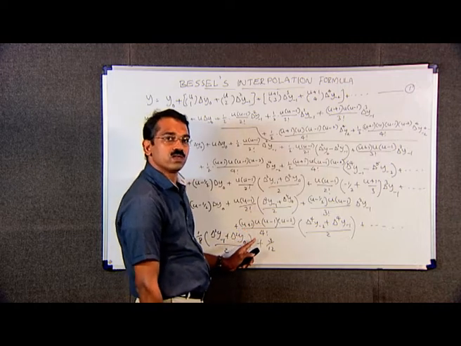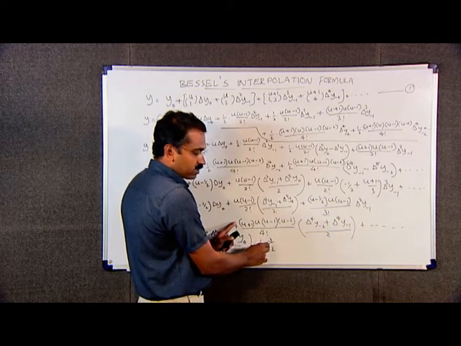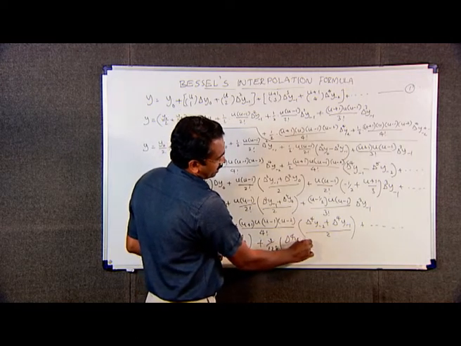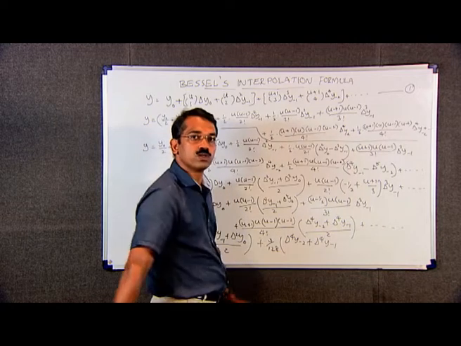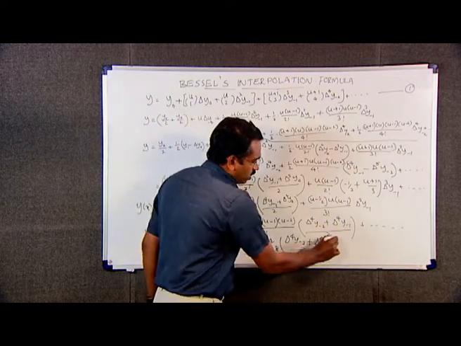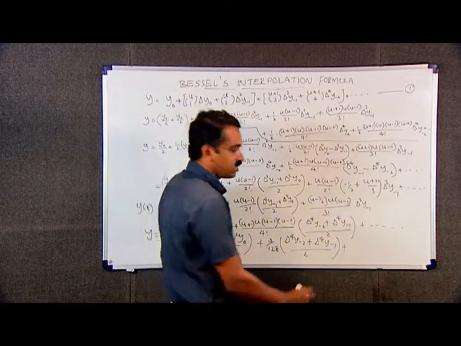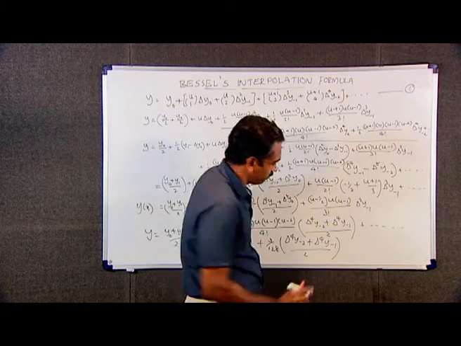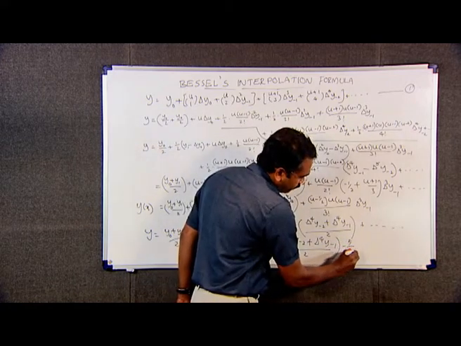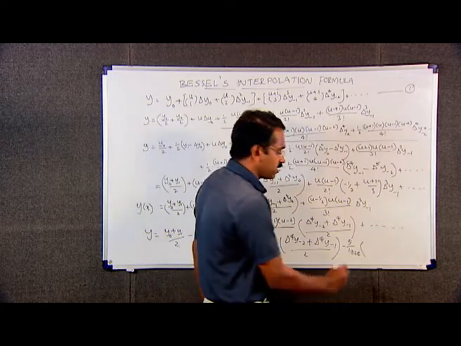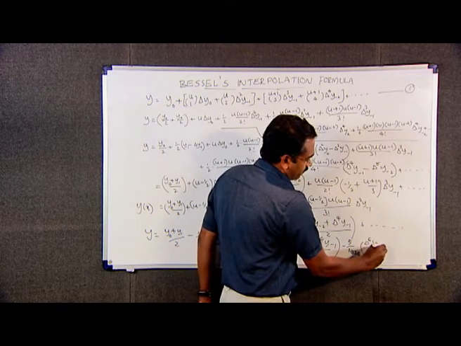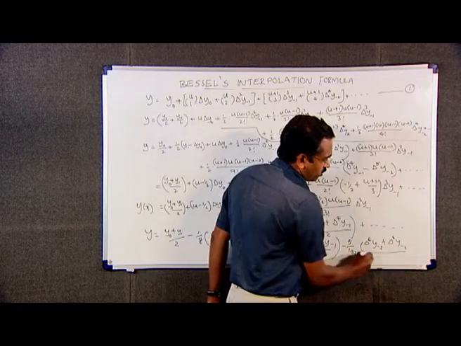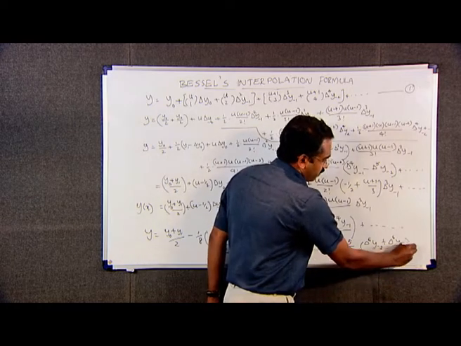On simplification, this coefficient becomes 3 by 128 into delta raised to 4 y minus 2 plus delta raised to 4 y minus 1 divided by 2, and the next term is minus 5 divided by 1024 into delta raised to 6 y minus 3 plus delta raised to 6 y minus 2 all divided by 2 plus etc.